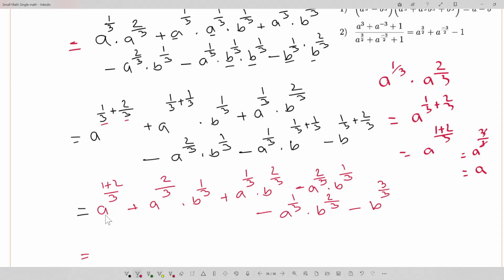So finally here is 1 plus 2, it means 3, 3 by 3 is 1.